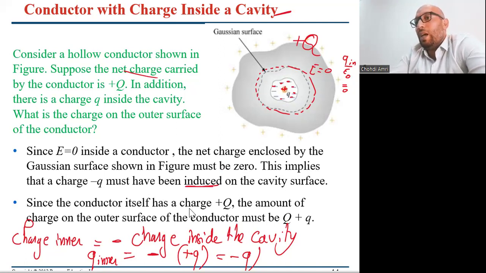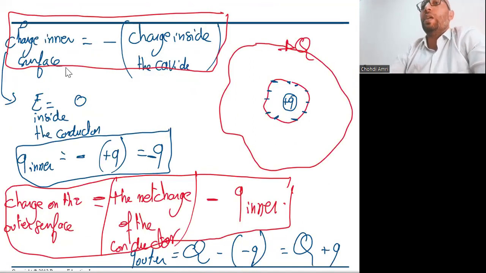Since the conductor itself has a charge plus Q, the amount of charge on the outer surface must be Q plus q. And this is the explanation in detail. The charge on the inner surface is minus the charge inside the cavity, and the charge on the outer surface is the net charge of the conductor minus Q inner.